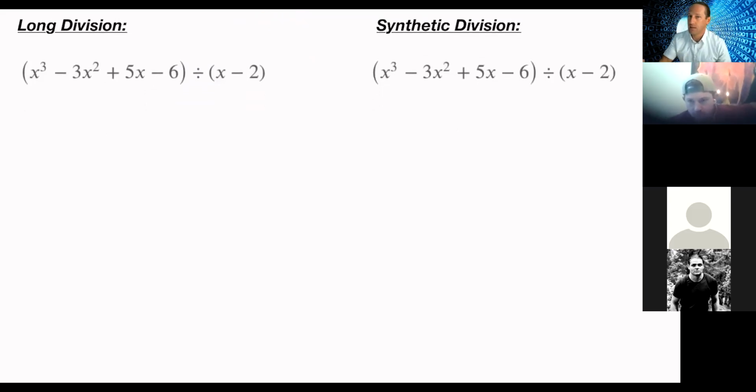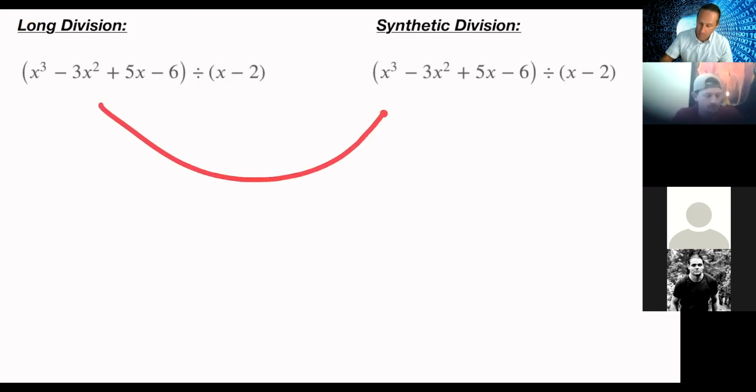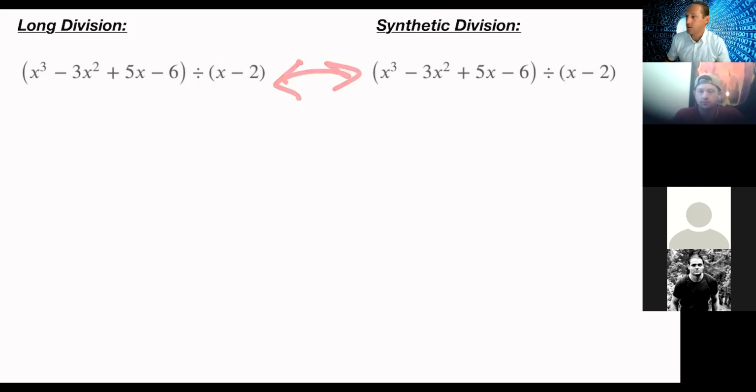And then this other one is synthetic division, which, you guys know, synthetic is like a man-made thing, and somebody created this shortcut. Now notice the problems on the left and the right are the exact same. So I'm going to start by doing long division, and then I'm going to show you this cool shortcut called synthetic division. And I want you to see the relationship between the two.